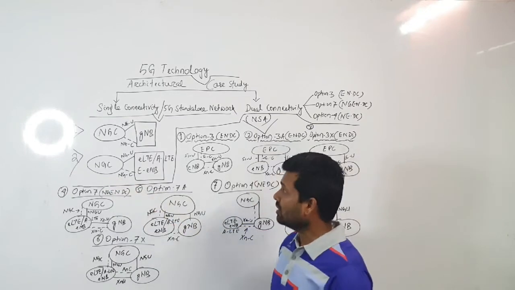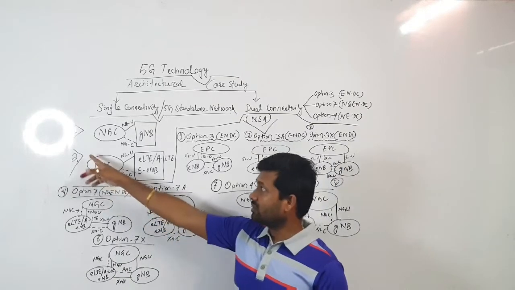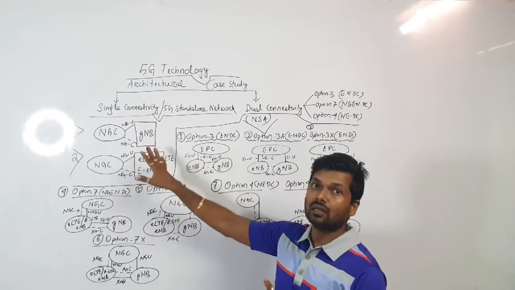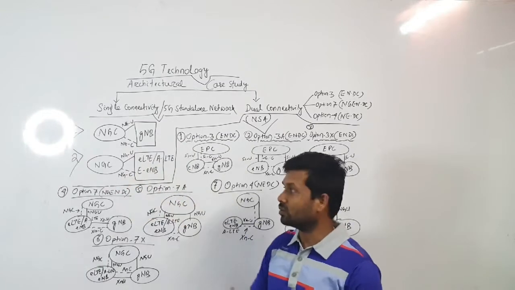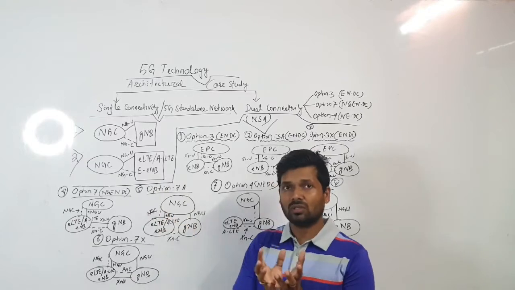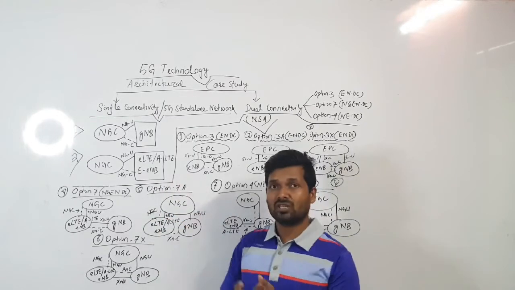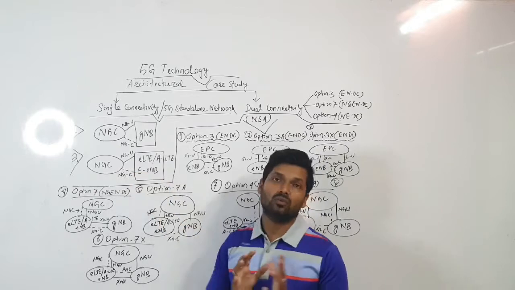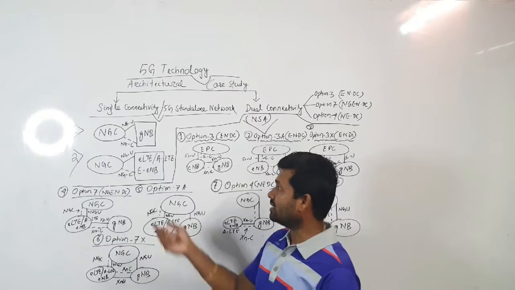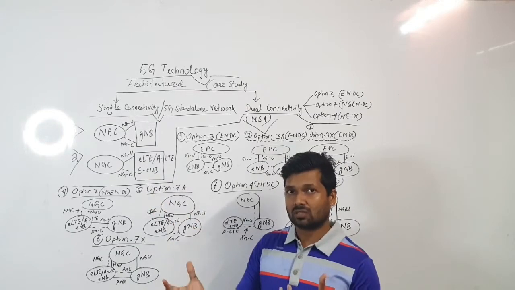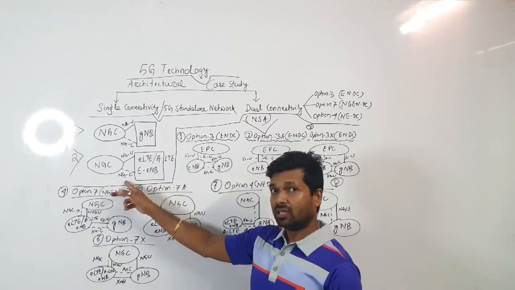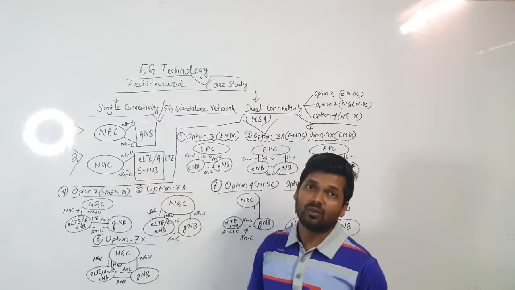Next, in option 5, or the second architectural option for standalone or single connectivity, wherein you are only using the 5G network, you have advanced LTE, or sometimes you can use LTE, fourth generation Wi-Fi also to connect with the new generation core. So with the fourth generation or the advanced LTE nodes, you can have your radio access also, which is supported by the new generation core. So it is connected via new generation, again control plane and user plane.